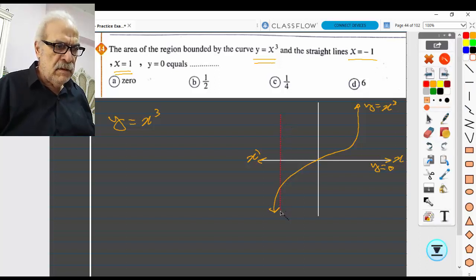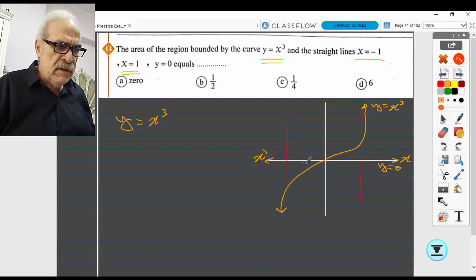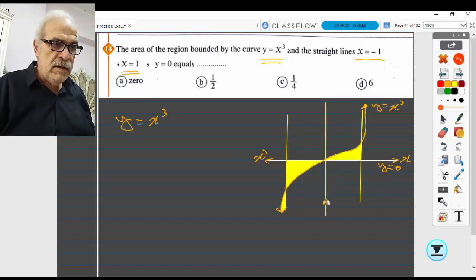Consider this point as -1 and y equals 1, like this. So the required area is this area here, and this area.